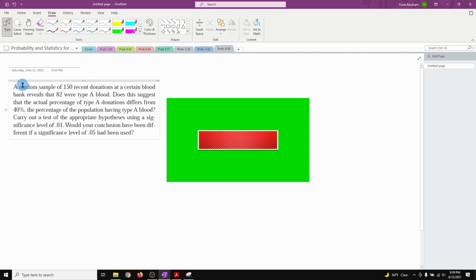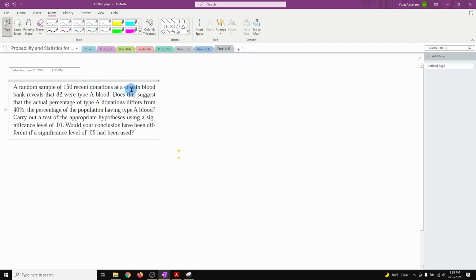Now, let's start reading the problem first. A random sample of 150 recent donations at a certain blood bank reveals that 82 were type A. Okay, so just from the first sentence, I can already write down a couple of notes.